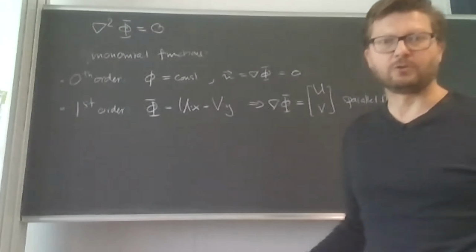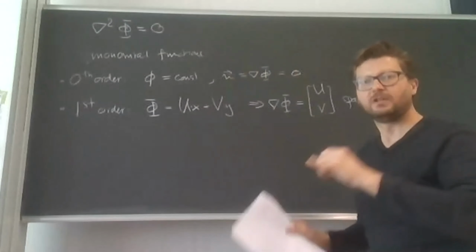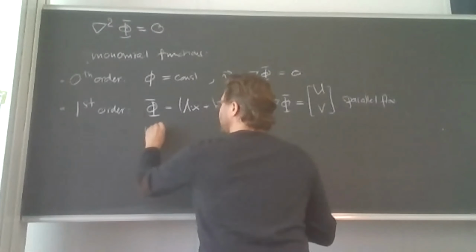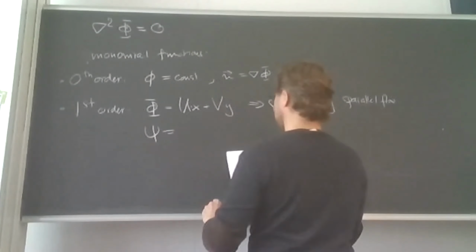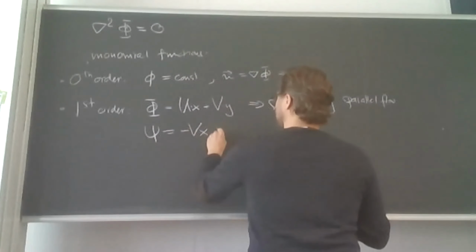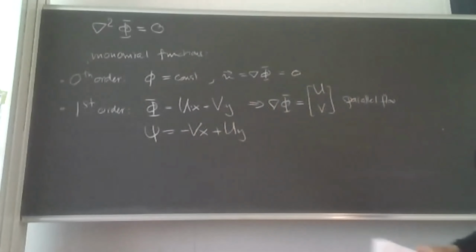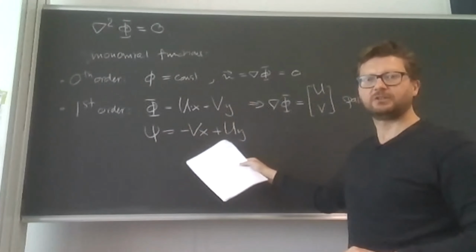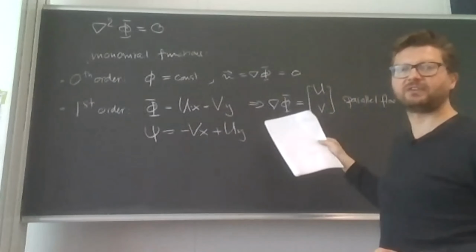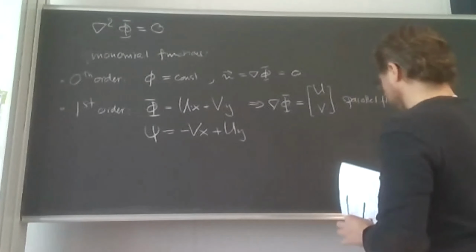It's a parallel flow with components U and V, right? Just streamlines that go parallel in one direction. The corresponding stream function just looks like this: minus V x plus U y. And you can easily see when you look at the definition of how psi relates to the velocities U and V that it describes the same flow.